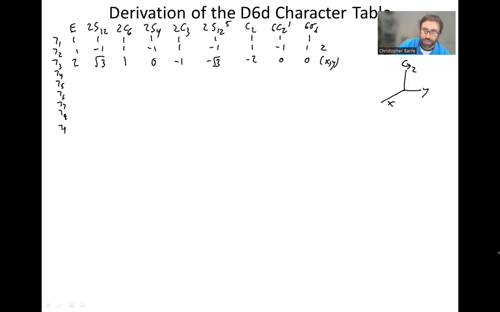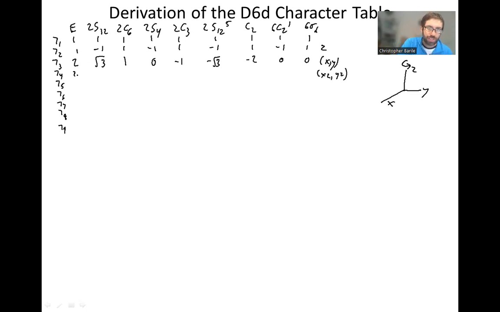And now we can actually do something quite simple, which is we can just multiply, because z isn't equal to the totally symmetric representation. You can do this trick when z isn't equal to ones across the board. You multiply x and y times z and get a new function, which is going to be gamma 4, which is how xz and yz transform.